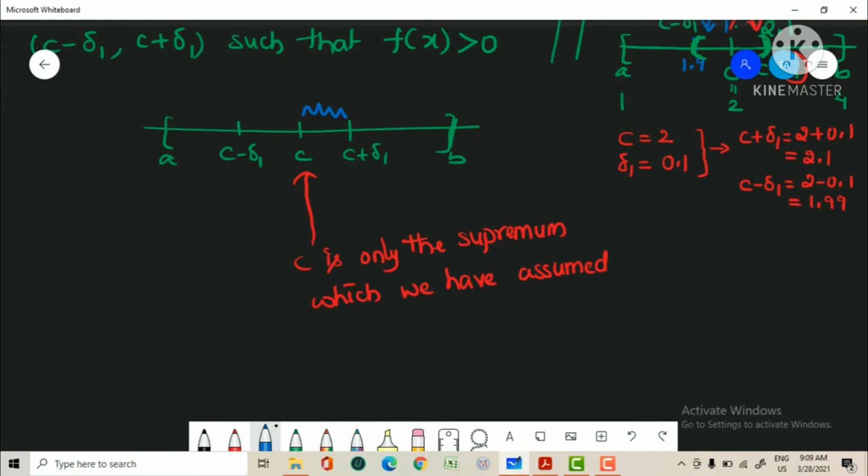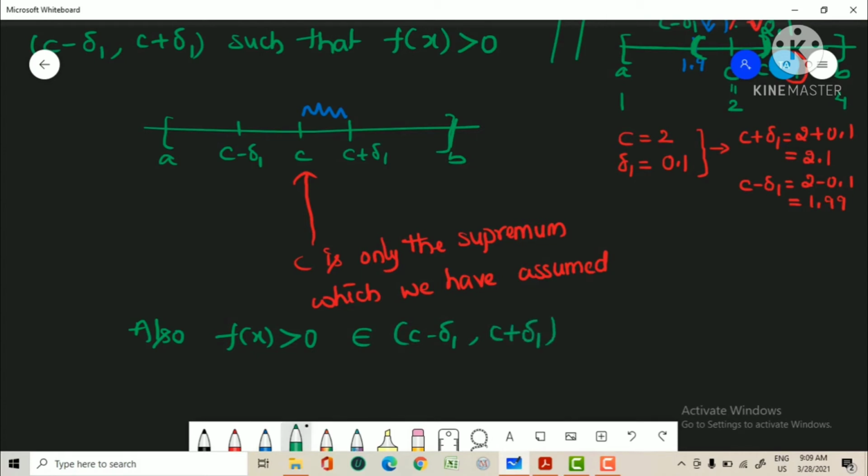We will not consider this case. Whatever values come from C to C plus delta 1, we say those cases don't exist. Okay, also f of x is greater than 0 in the interval C minus delta 1 and C plus delta 1.